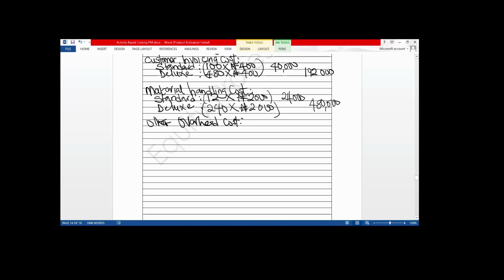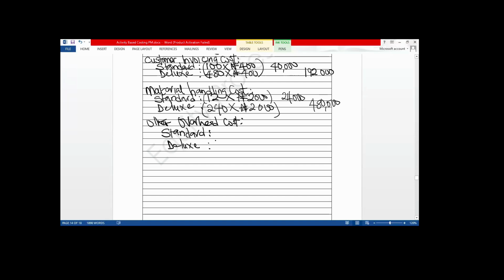Other overhead cost. What is the cost driver rate here, please? It's labor hour. So total labor hours for standard, total labor hours for dealers.